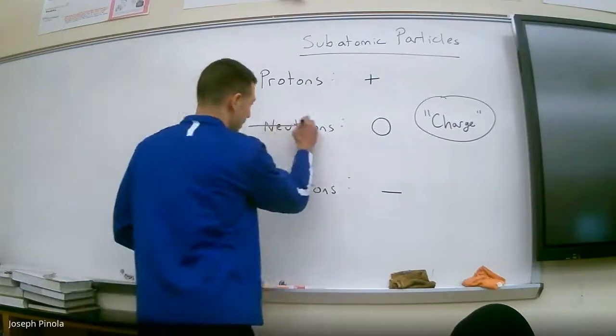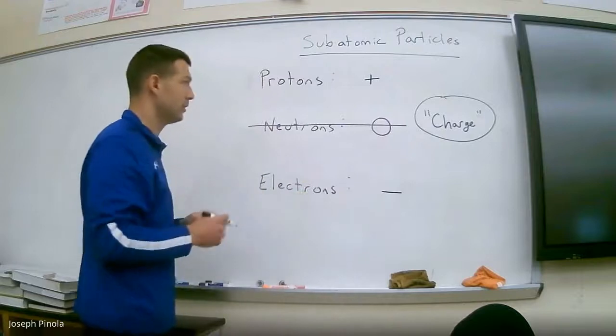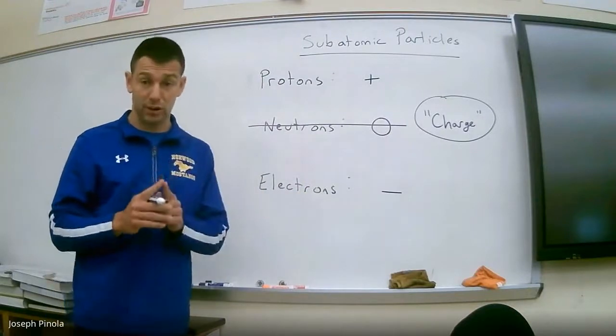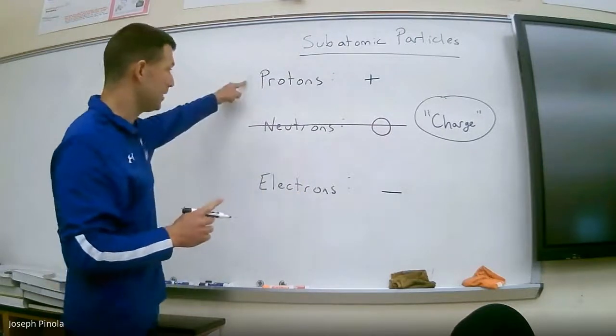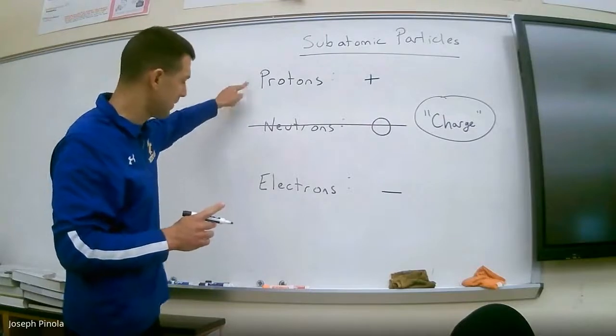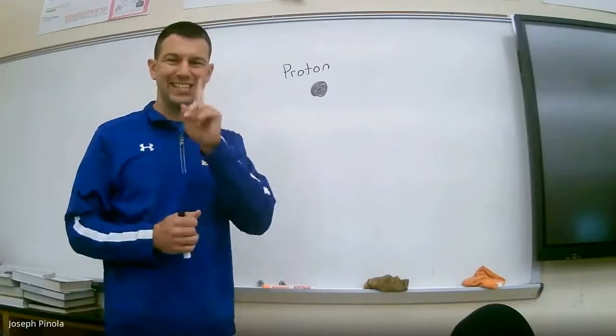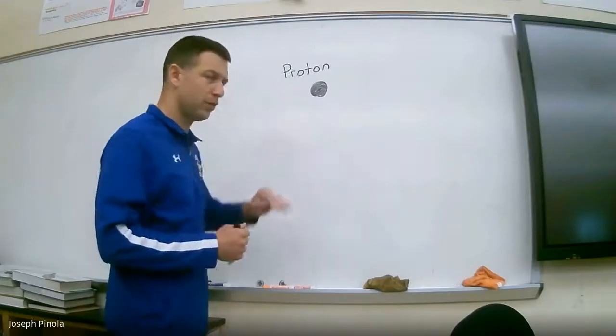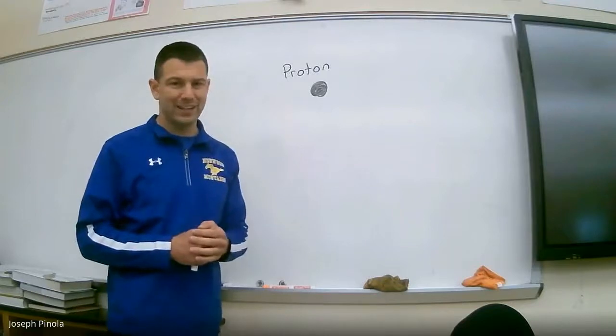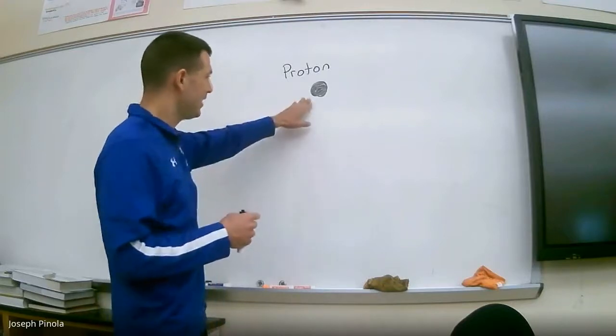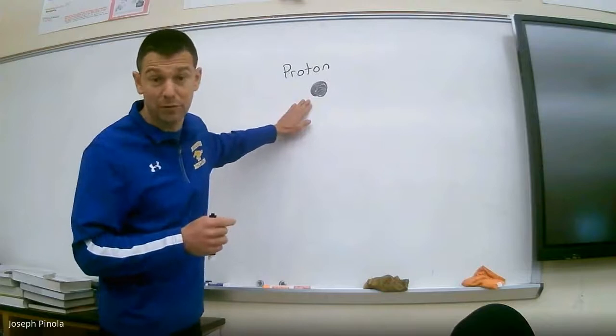So let's cross them out for today because we're going to only focus on the subatomic particles that are charged. That is, the positively charged protons and the negatively charged electrons. Let's now consider a single proton, sort of like the one I drew on the board. Now, this proton is not even close to the actual size of a proton.